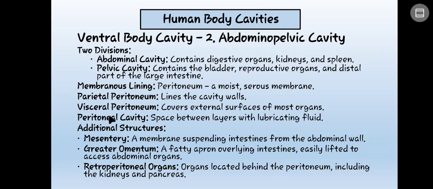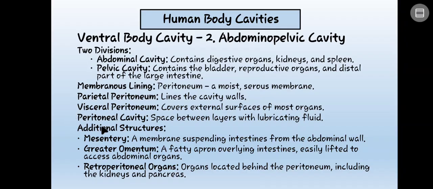The peritoneal cavity is within the abdominal cavity. Not all the organs in the abdominal cavity are within the peritoneal cavity. The peritoneal cavity more specifically houses the digestive organs.